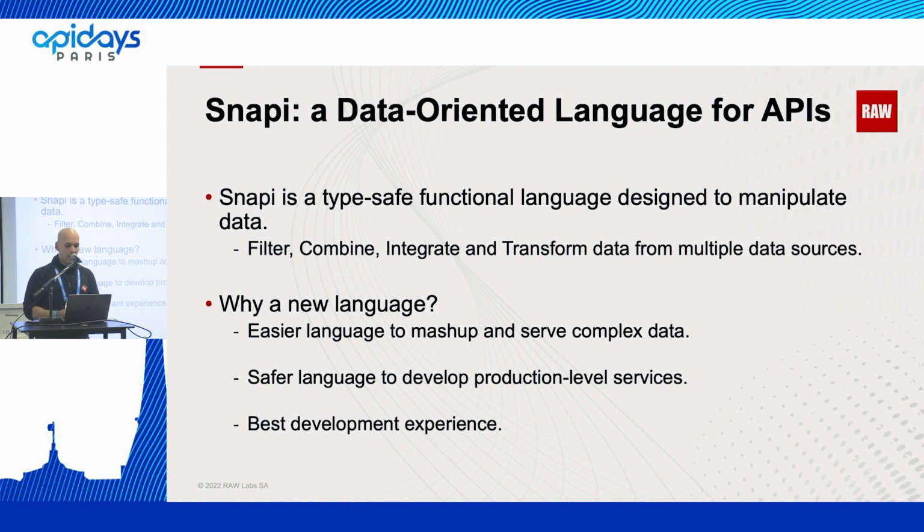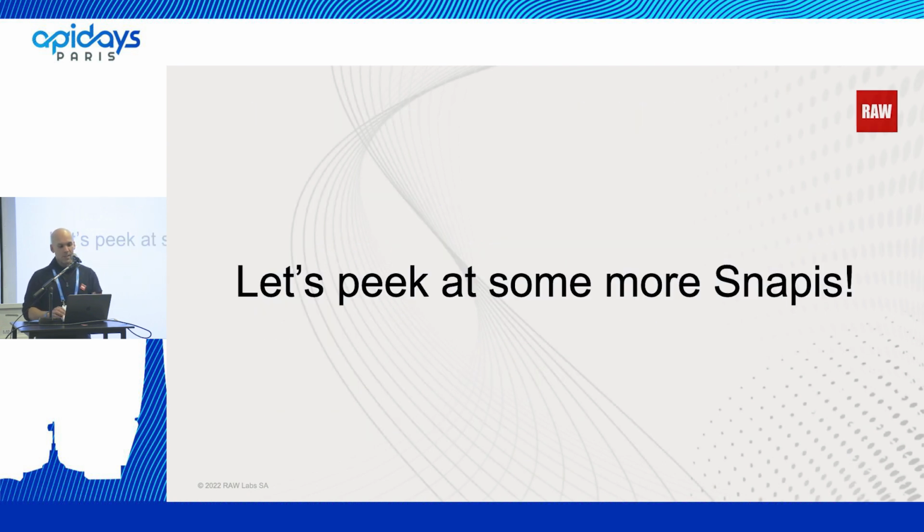That's the sort of thing that's only possible when you have a very deeply integrated solution where your platform, your compiler, your query engine are all coming together to give you that experience. So we can just take a look at some more snappies, as we call them. We call the language Snappy, and we call the APIs we build snappies, obviously a play on the word APIs as well. And we have a few more examples on the API Hub that we can go through.